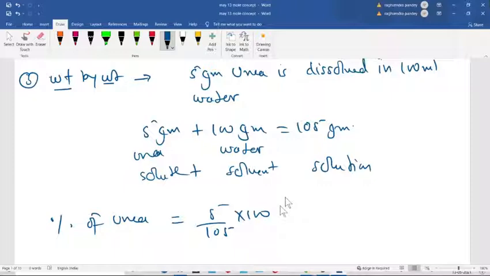That will be 0.047 into 100, so it will be 4.7 percent weight by weight. Have you understood this one? You have to take the total weight of solution. Here the density is 1, so there is no problem in directly taking it. Got it? All of you are getting it?